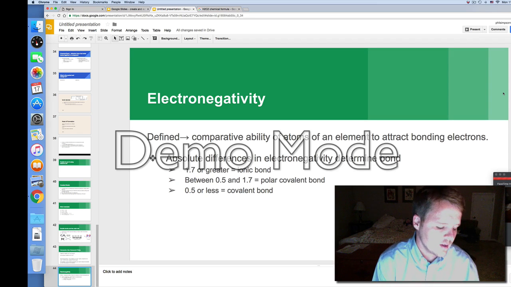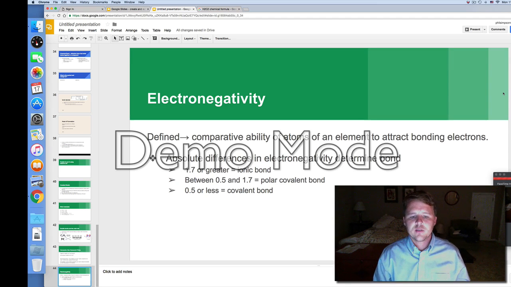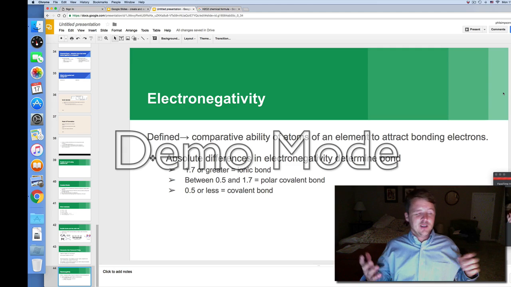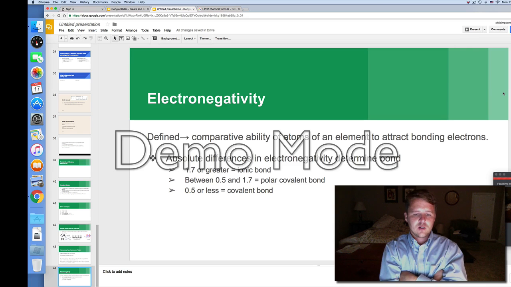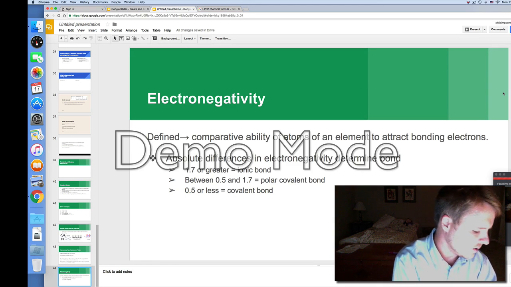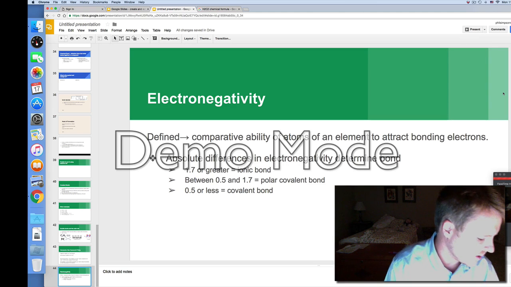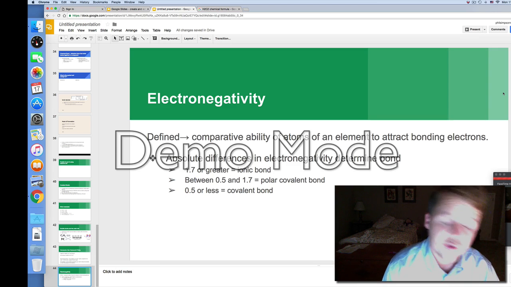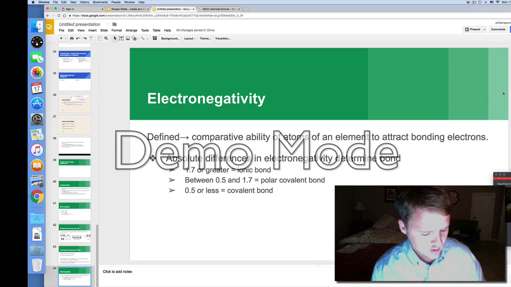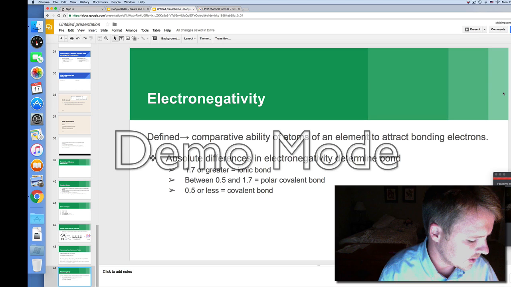Okay, we have electronegativity here. Electronegativity is the comparative ability of atoms of an element to attract bonding electrons. Because every atom is different, some are better at going after other atoms' electrons. So you're going to be given a table that lists all the electronegativities. It's figure 9.10 in your textbook on page 242.